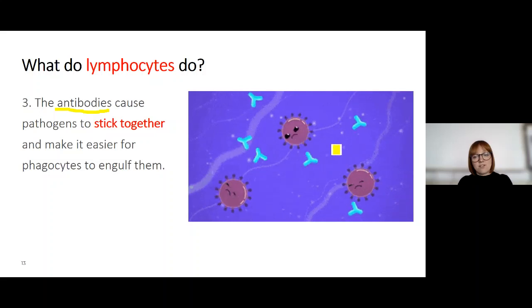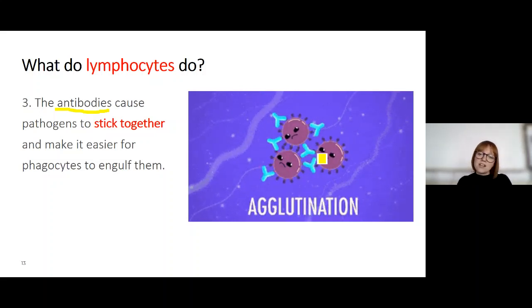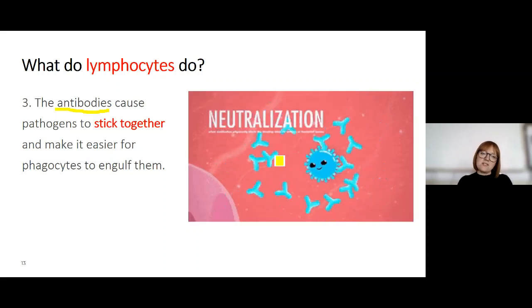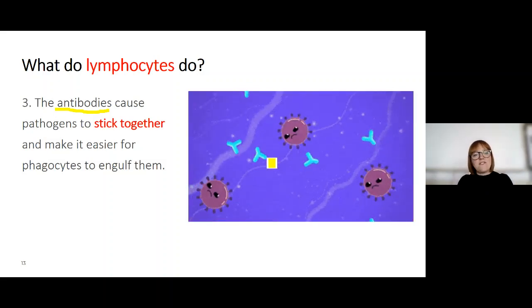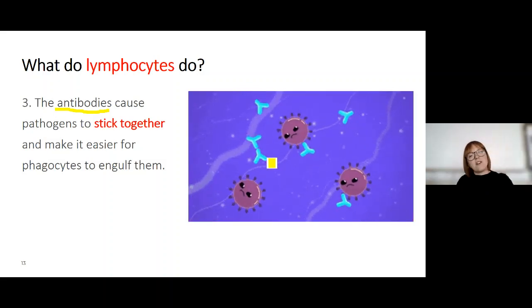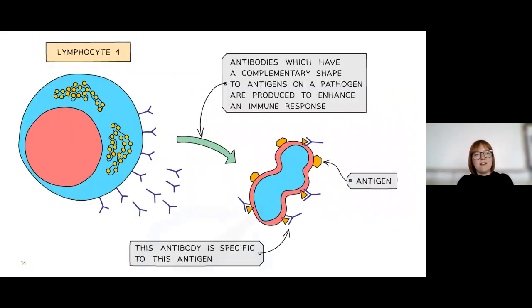So here we've got 3 viruses now, and the antibodies, which are these little Y-shaped structures, make the pathogens stick together so that the phagocytes can come along and engulf them in one, which makes it more effective. Now, that was a lot to learn in 3 animations, so I've got a little picture just to explain that again.